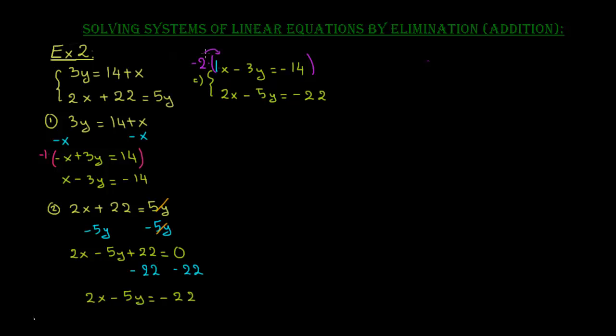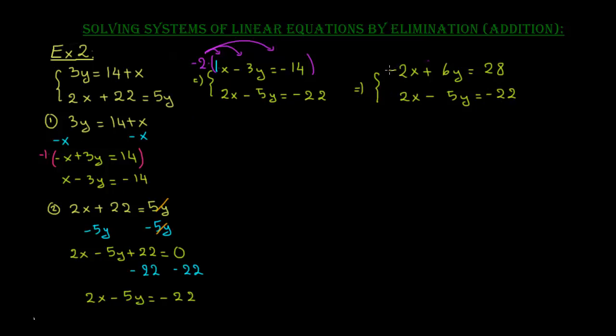We're going to distribute negative 2 into the first equation, which will give me negative 2x plus 6y equal to positive 28, and we have 2x minus 5y equal to negative 22.